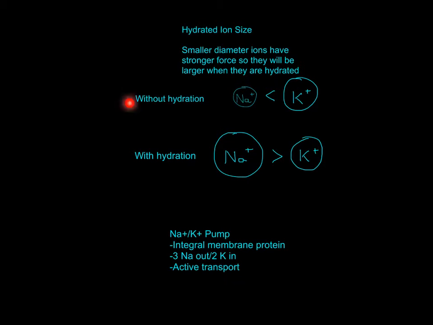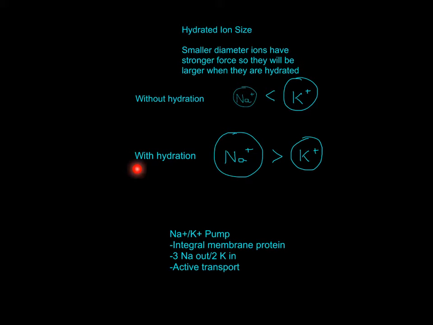So without hydration, you're going to have just sodium, right, like this? And then potassium is bigger. You can see this on the periodic table. Stuff that's lower, for example, potassium is lower than sodium, it will be bigger than sodium because it just has more electrons in its valence shells.